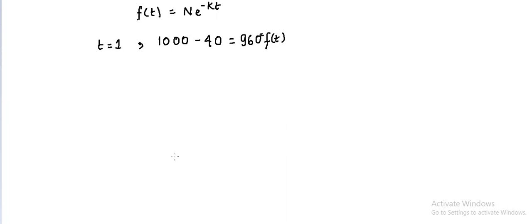Using the value f of t is equal to 960 when t is equal to 1, we'll find the value of the constant k, and then we will substitute the value when the population became half. Fine, let's do it. So here f of t is 960, which is equal to N, the number of people residing in that city, which is already given as 1000.